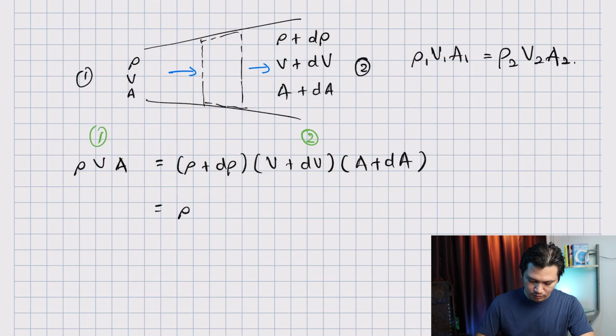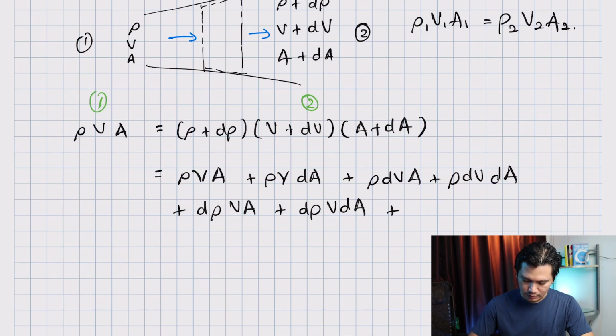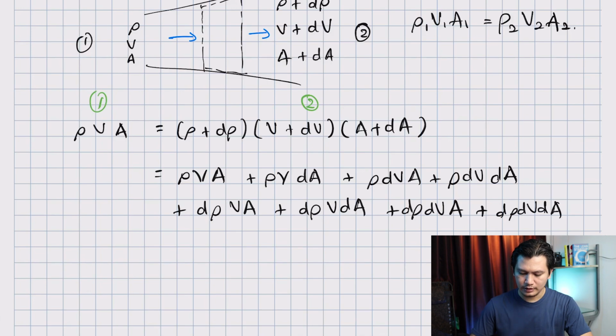This is obviously rho times v times A plus rho times v times dA plus rho times dv times A plus rho times dv times dA plus d rho times v times A plus d rho times v times dA plus d rho times dv times A plus d rho times dv times dA.